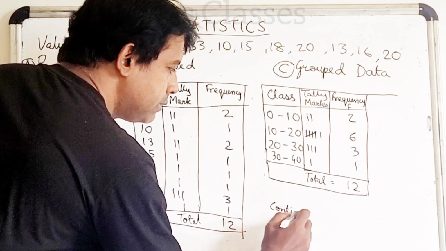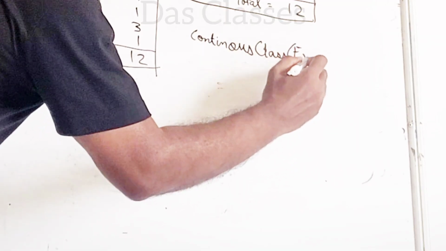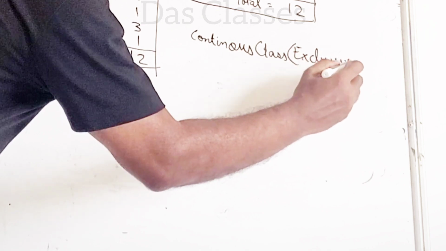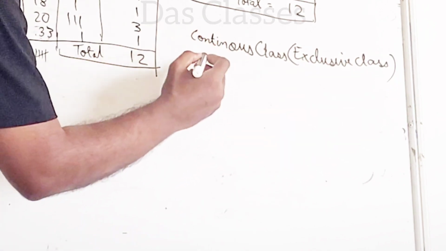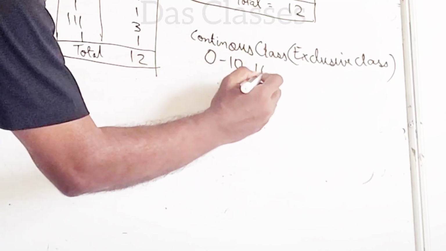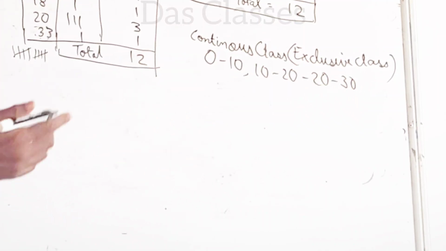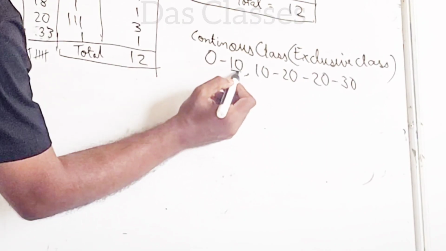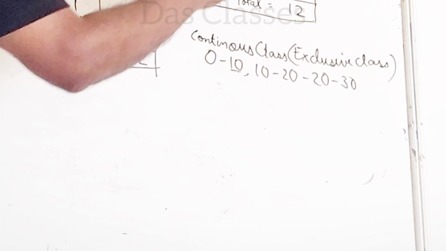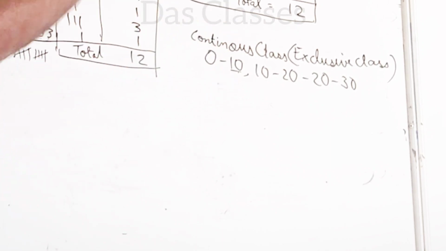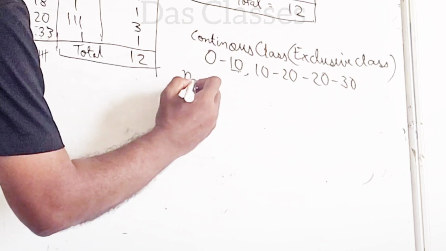A continuous class consists of 0 to 10, 10 to 20, 20 to 30. In these examples, the upper limit of one class is the lower limit of the next class. And when we are writing the frequency, the value 10, if it's given in the information, we consider in the next class.